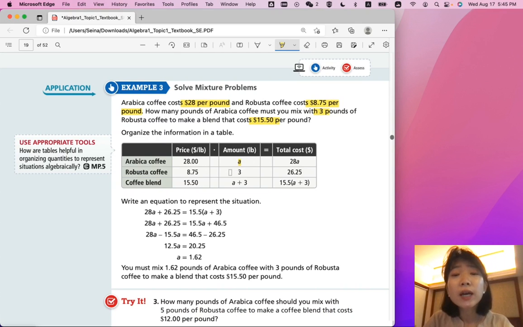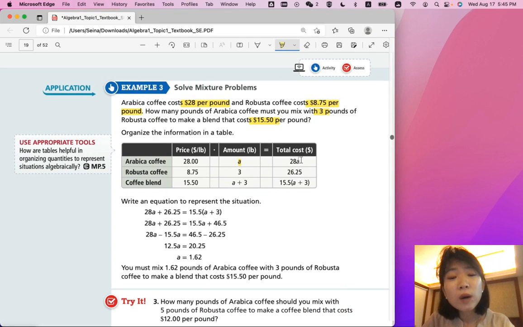You're going to mix with 3 pounds of Robusta coffee. If you multiply 3 times 8.75, that is the total cost of Robusta coffee for 3 pounds. So $26.25 is what you need to pay when you buy 3 pounds of Robusta coffee.